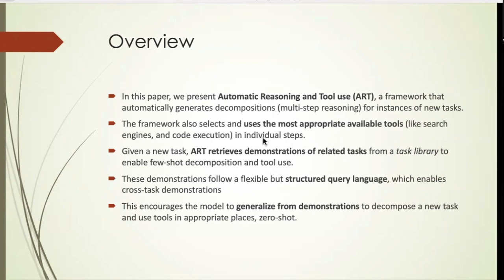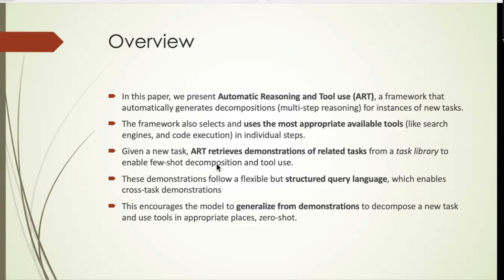And then the framework also allows you to manage a tool library that allows you to create new tools, and also allows the prompts, the generation process, to select the most appropriate tools to use, for example, the search engines or the code generation or execution in each individual step.